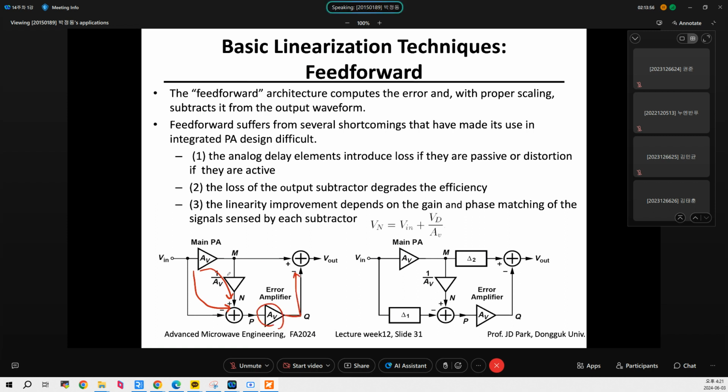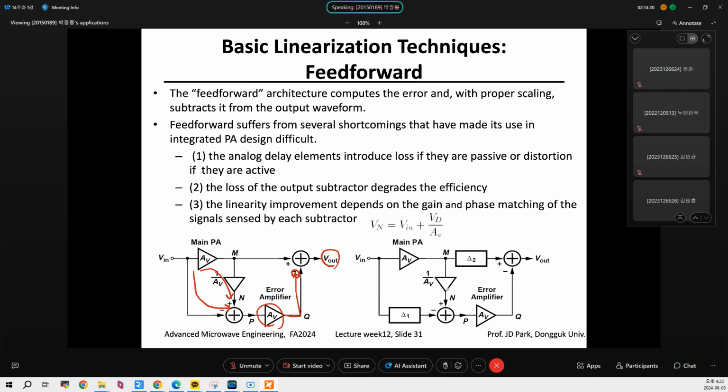Once this is subtracted from the input line, there exists a distortion factor here, and this is subtracted from the output. Then this becomes linearized. This is a widely used one, right?